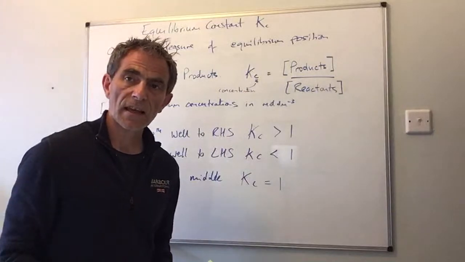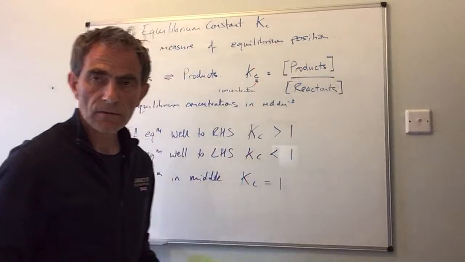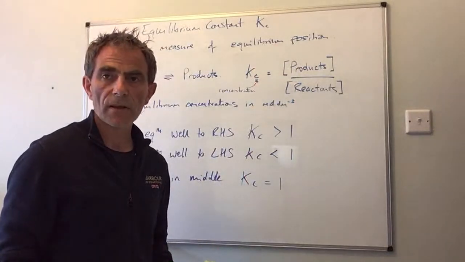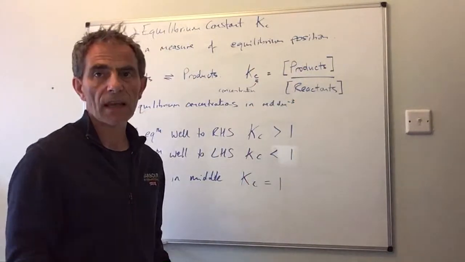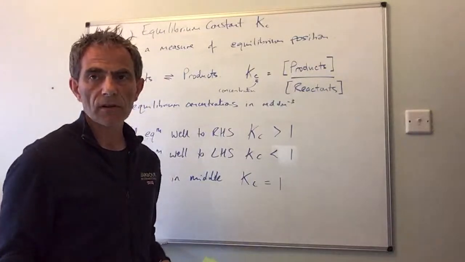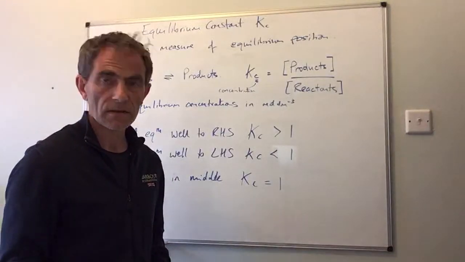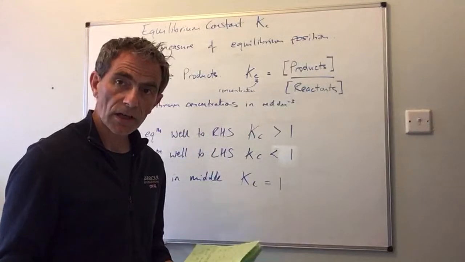There is such a thing as Kp, just another equilibrium constant that we use. There's lots of equilibrium constants, by the way. There's Ka, there's pKa, there's Kb, there's pKb. Most of those you'll come across in second year. There's Kw, another equilibrium constant, that's for water.